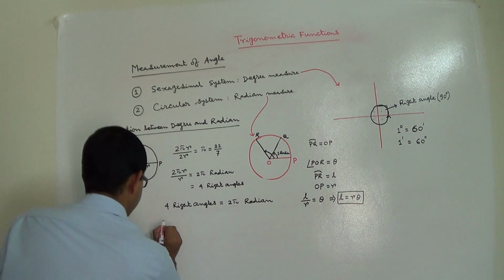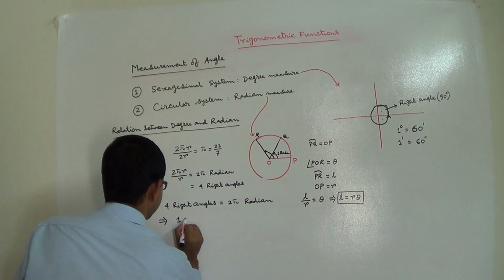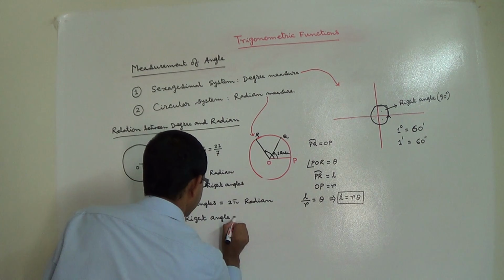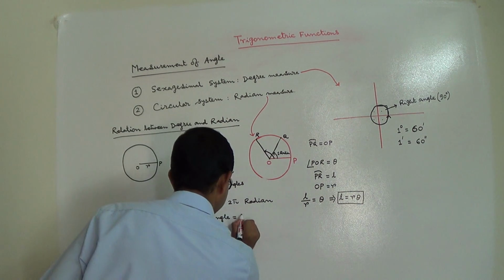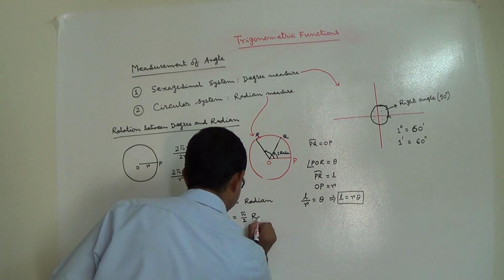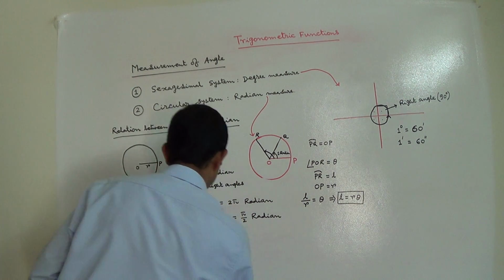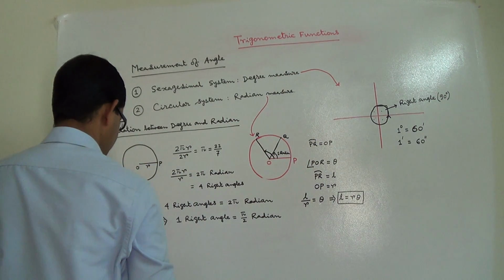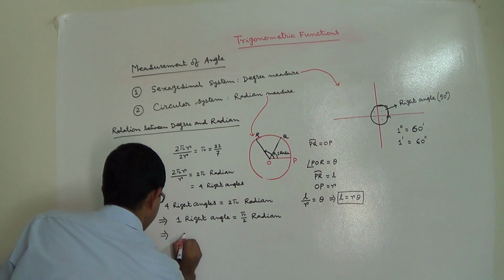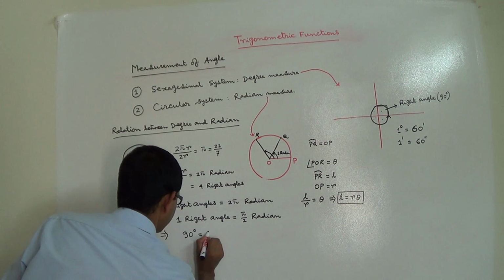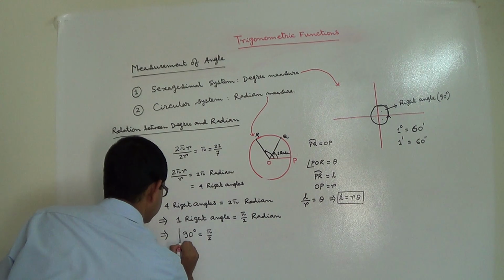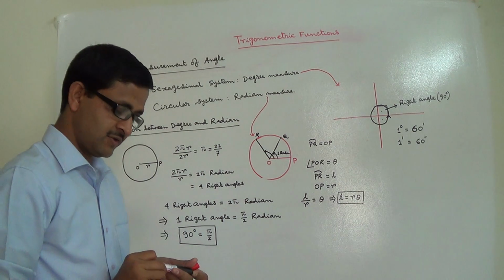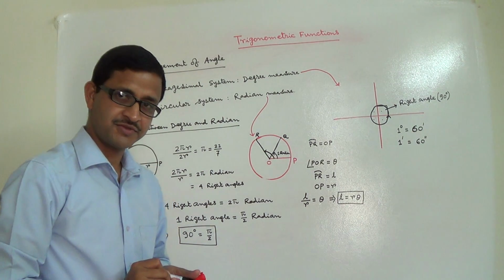That implies 1 right angle is equal to pi by 2 radian. Now what is 1 right angle? 1 right angle is nothing but 90 degrees. So that implies 90 degree is equal to pi by 2 radian. I hope you understood this point.